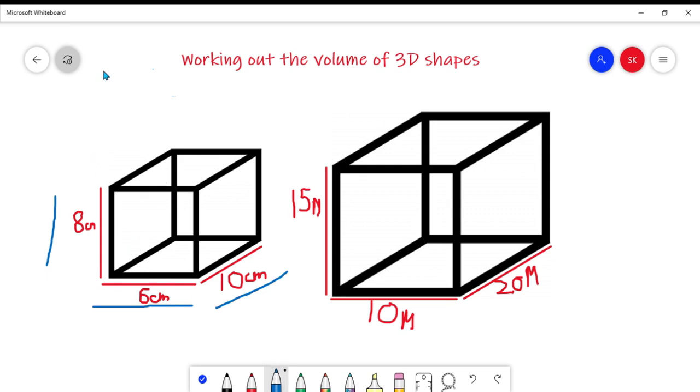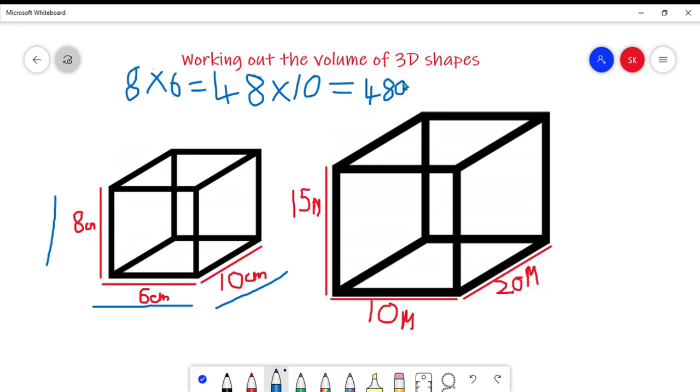So here, 8 times 6 is 48. And 48 times 10 is 480. There.